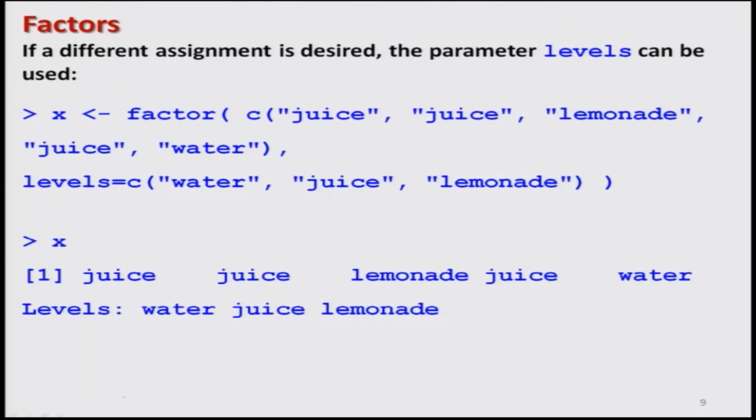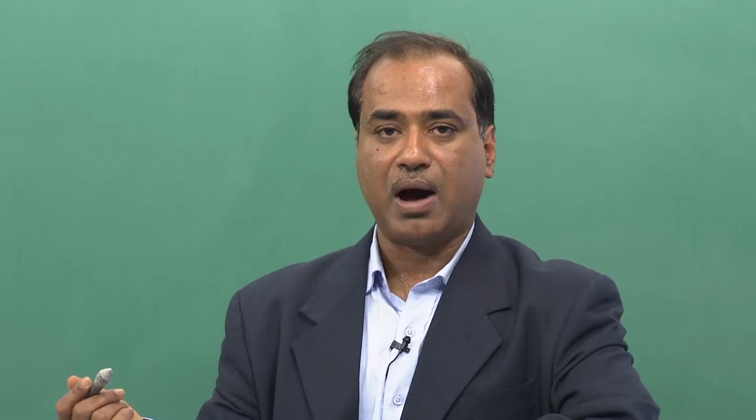In this example, we had taken the data as strings of characters like juice, juice, lemonade, juice and water, and then we had operated the function factor on this data set. And the levels of this factor were automatically chosen by the R software.